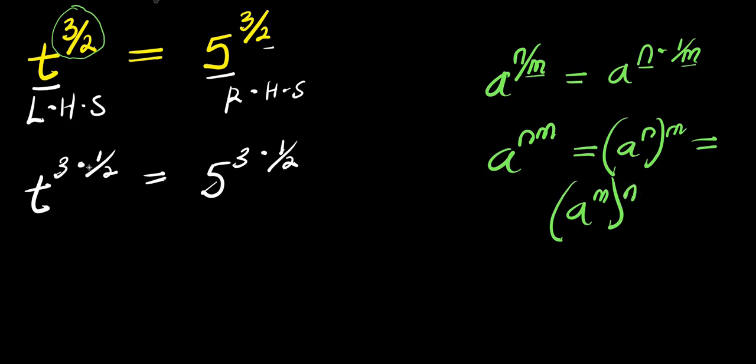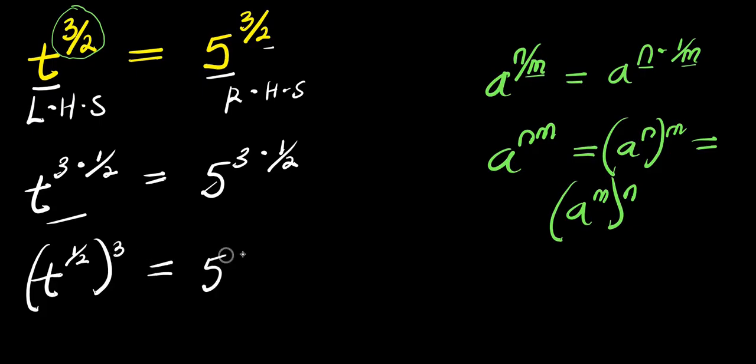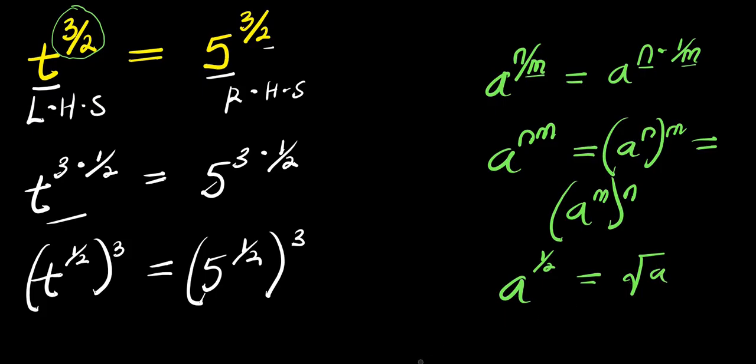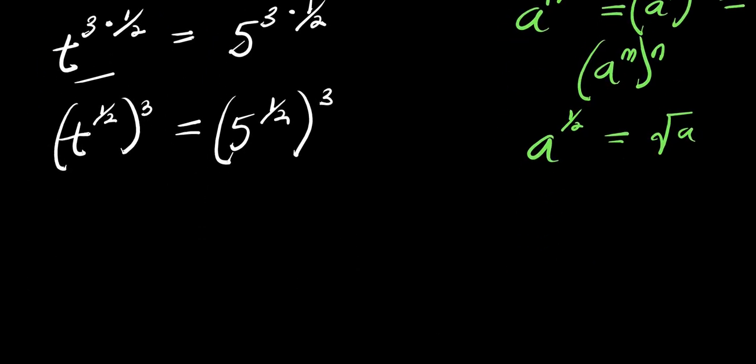So, applying that here, we have t to the power of 1 over 2 to the power of 3 equals 5 to the power of 1 over 2 to the power of 3. Now, if you have a power 1 over 2, this equals square root of a. So we apply the same thing here and here.